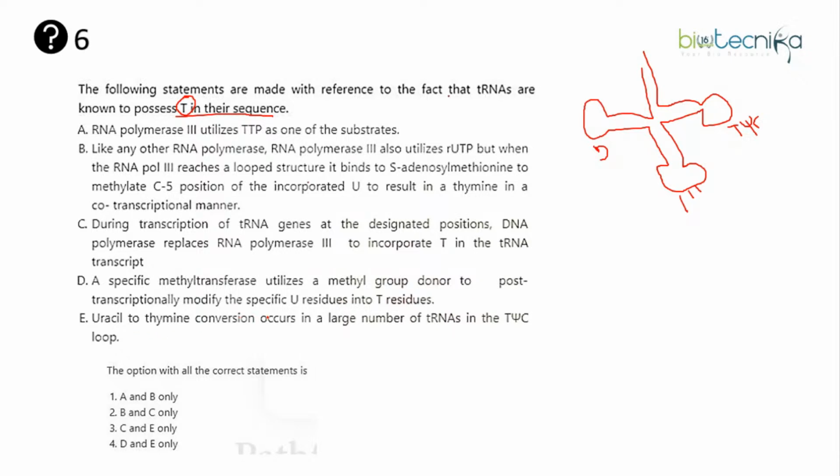Uracil to thymine conversion occurs in a large number of tRNA in the T psi C loop. So, what do you think can be the answer?